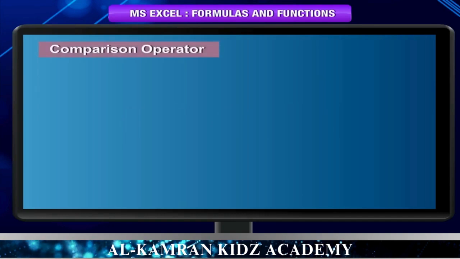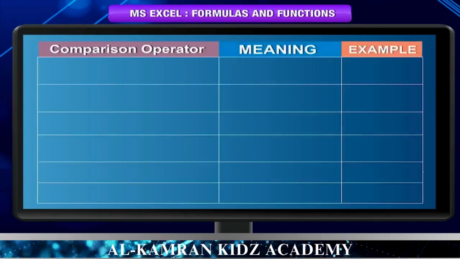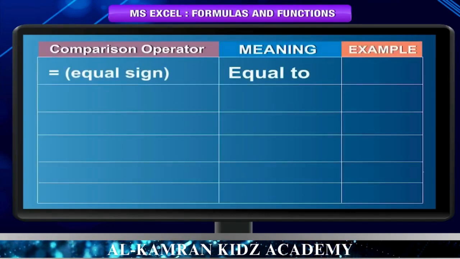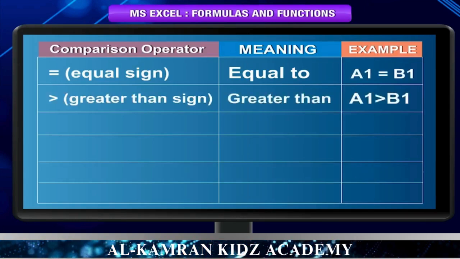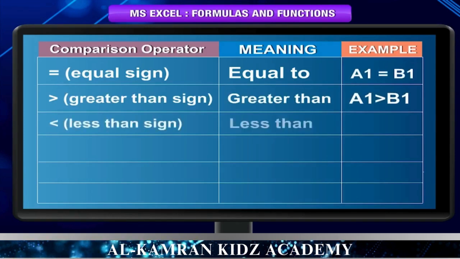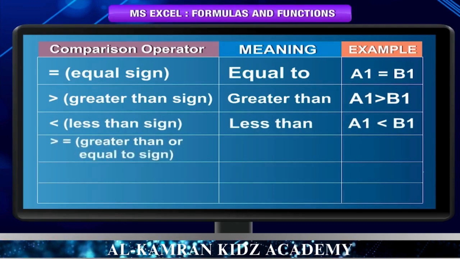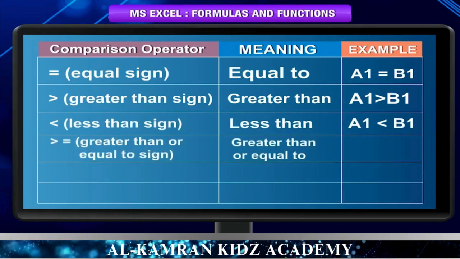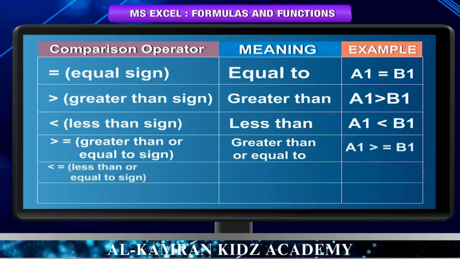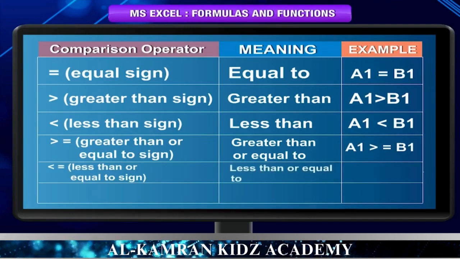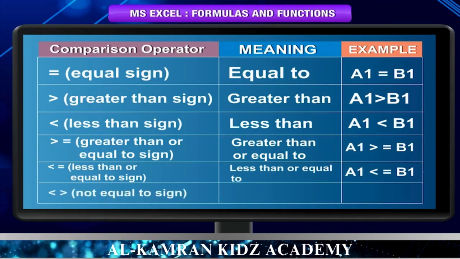Comparison operator, meaning, example: equal sign, equal to, A1=B1; greater than sign, A1>B1; less than sign, A1<B1; greater than or equal to sign, A1>=B1; less than or equal to sign, A1<=B1; not equal to sign, A1<>B1.